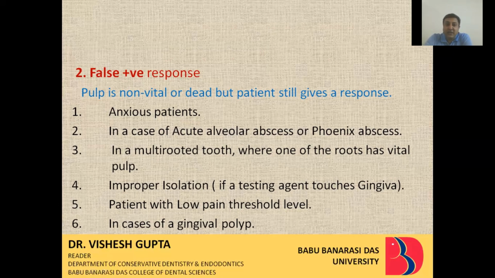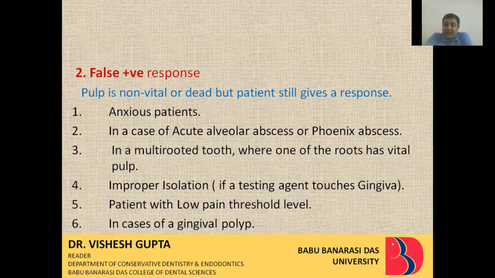Next case is a multi-rooted tooth where in one root canal there lies a vital pulp, but other canals have a non-vital or necrosed pulp. Next case is improper isolation, where the operator does not properly isolate the tooth while conducting the pulp vitality test and the testing agent contacts the gingiva.